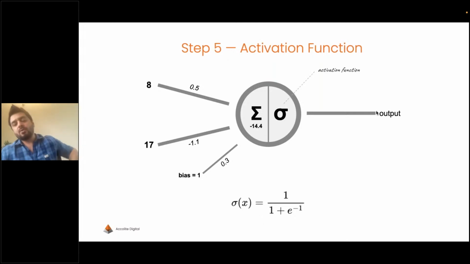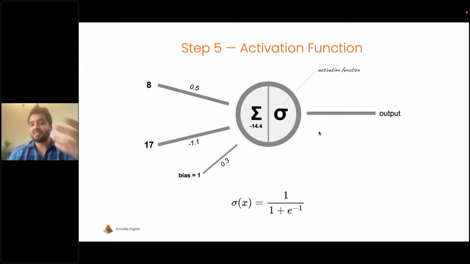Now we want to have an activation function. The activation function is an in-depth concept in itself. I would not go into much detail on why we need it and what magic it does, but it puts your value in some sort of range so that it's easy to play with the numbers or outputs you're dealing with.